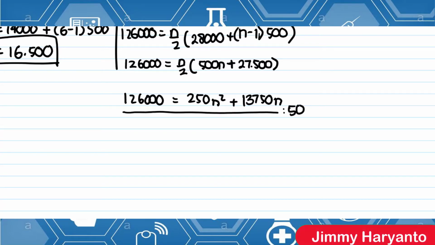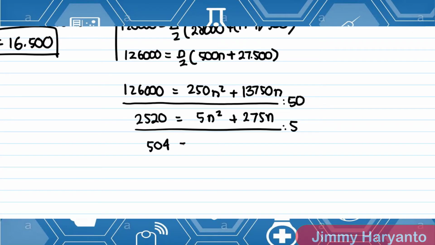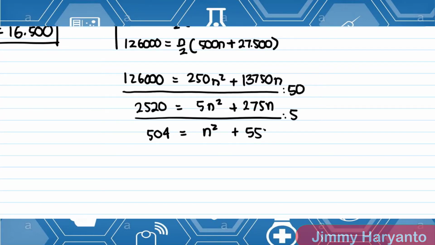So the first one will be 126,000 divided by 50 equals 2520, equals 5n squared plus 13,750 divided by 50, which equals 275, and one more time divide by 5. 2520 divided by 5 equals 504, equals n squared plus 275 divided by 5, which equals 55n.